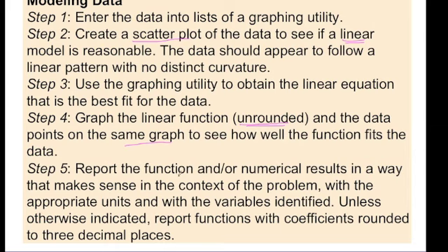We report that function and our numeric results in a way that makes sense in the context of the problem, with appropriate units and the variables identified. Unless otherwise indicated, report functions with coefficients rounded to 3 decimal places. Unless they tell us differently, we use 3 decimal places.